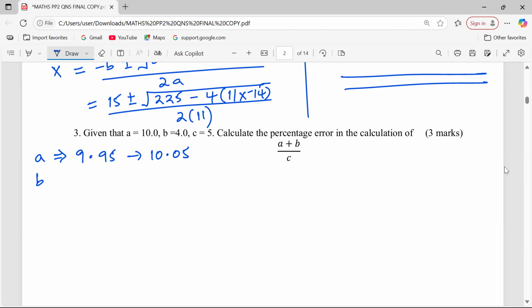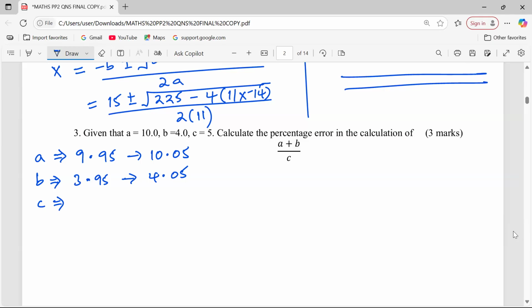The same error is found in B. So we'll take 4.0 and we subtract 0.05 to get the minimum possible value, 3.95, all the way to 4.05. Then C has been recorded to an accuracy of our whole number, 5.